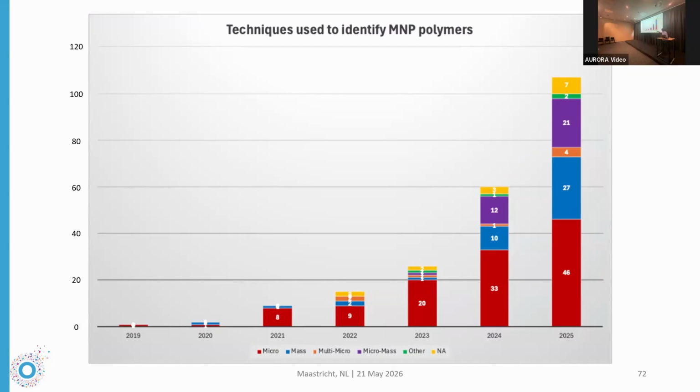And if you cannot see it here, it is quite obvious that microscopy-based methods, represented by the red color, remain predominant in the field. However, you can also see an increasing trend of using mass-based methods, for example pyrolysis GC-MS represented by the blue color, as well as research combining both methods in the same study, represented by the color purple in this figure.